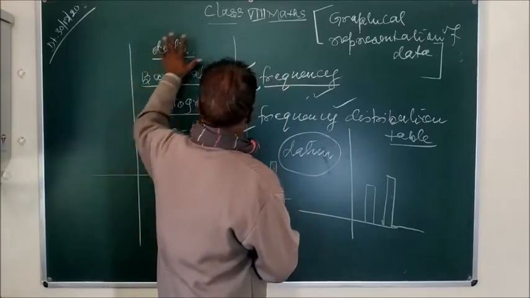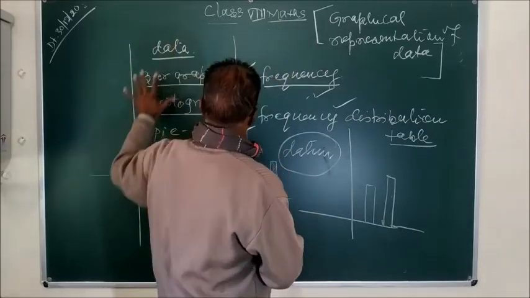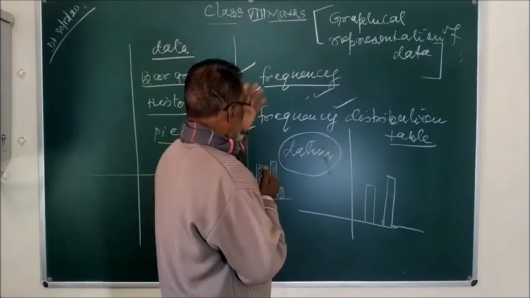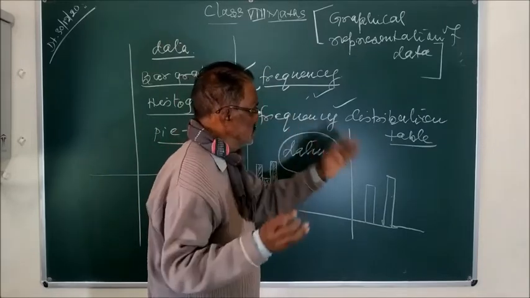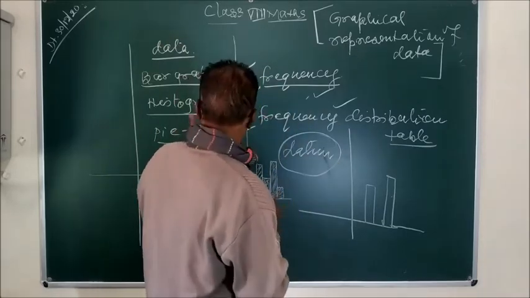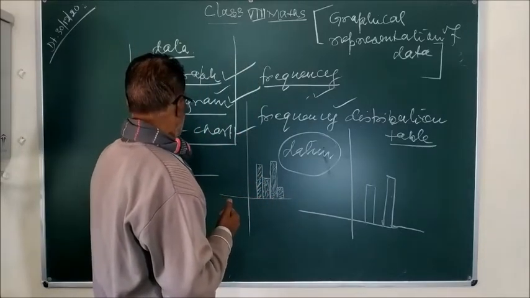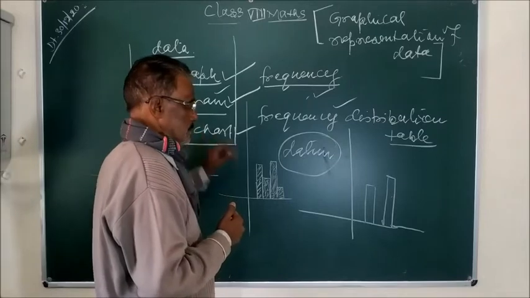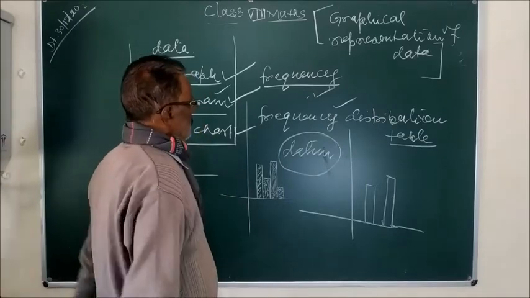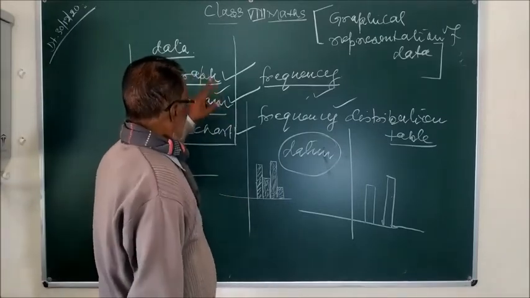So if you know all these terms, frequency distribution table, data, bar graph, histogram, and pie chart. Pie chart I will also explain. But today we are talking about the graph paper.